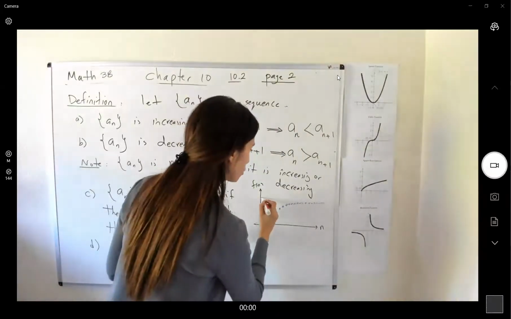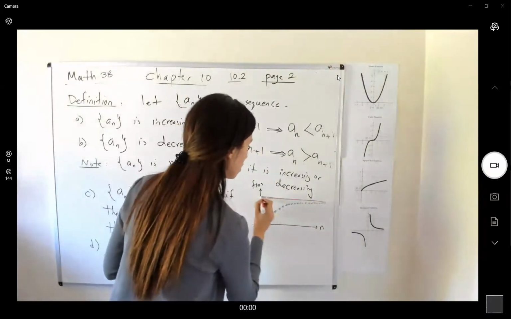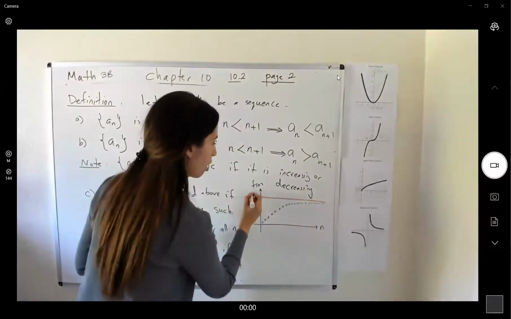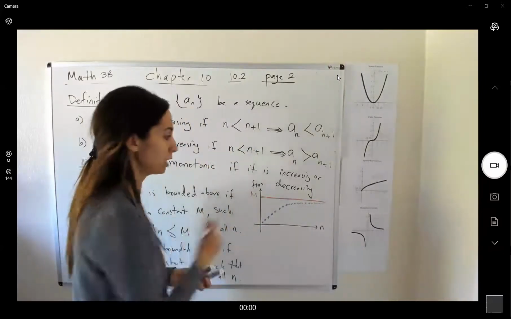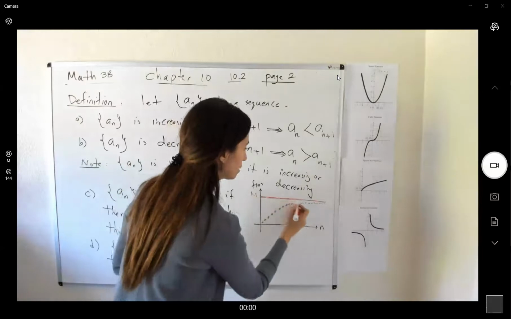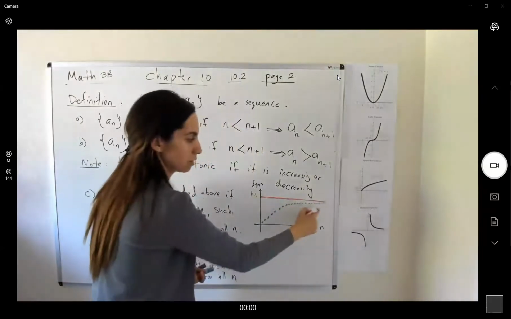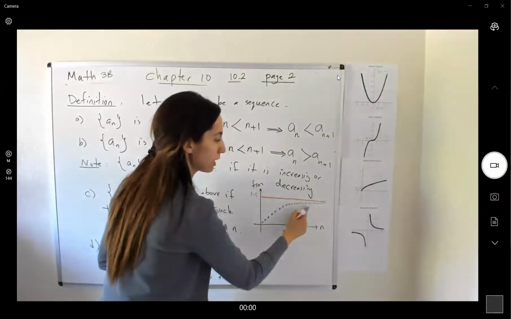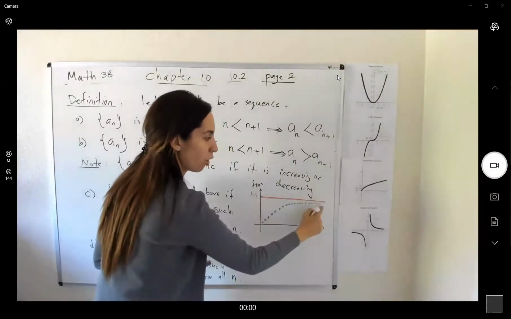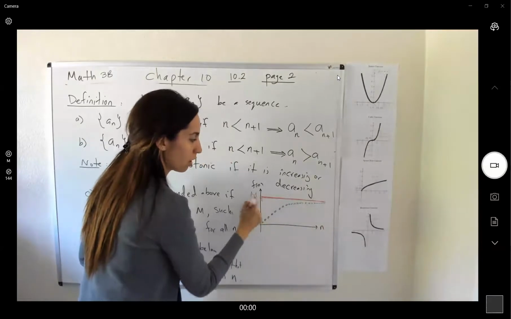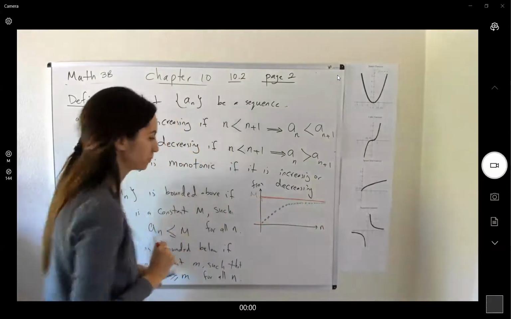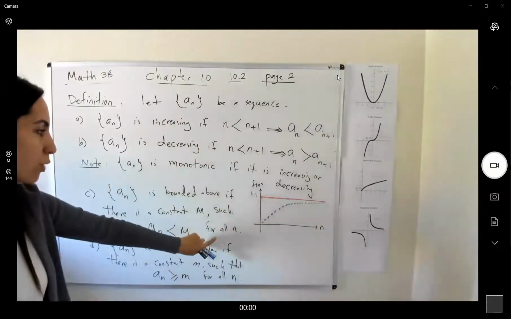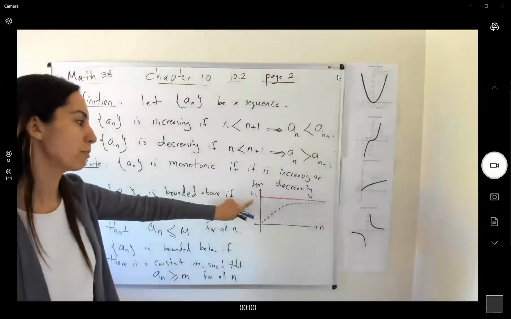Of course you can find a horizontal line, constant function m, such that all terms for all relevant n are less than m. All of these y values are less than m. So we say that the sequence is bounded above by m.